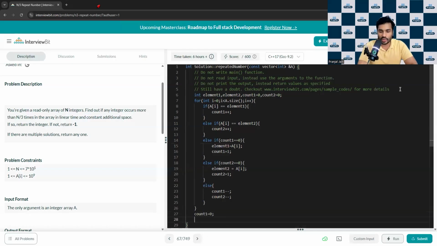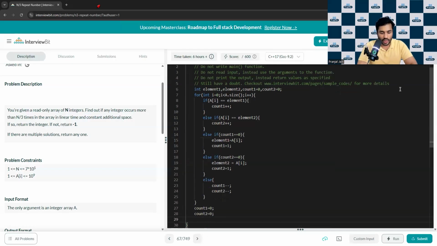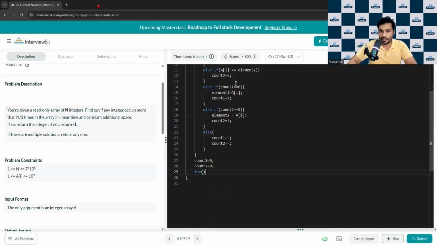So we'll make count 1 equal to 0, count 2 equal to 0. We'll iterate the array once again.